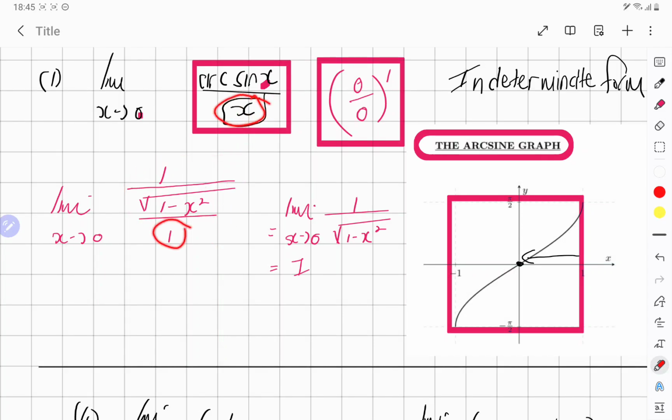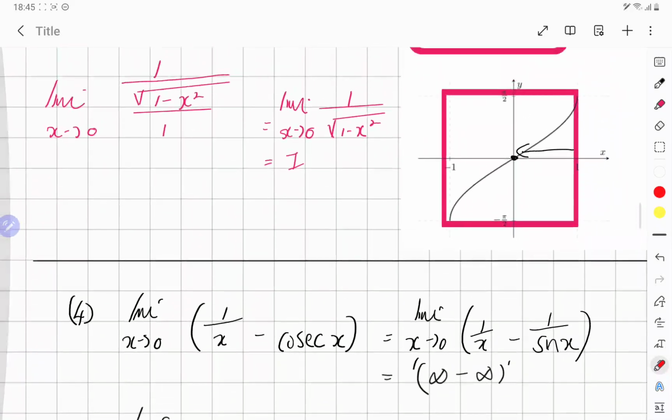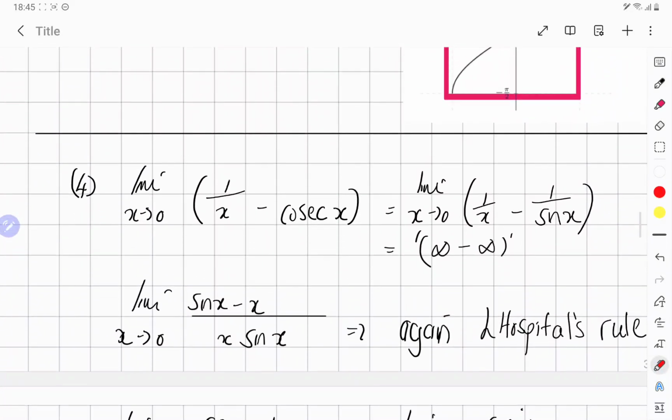The derivative of x is 1. Remember what I said students get wrong. Often they forget to simplify before they attempt the limit again. So I simplify, and as x approaches 0, my answer is 1. So that is quite a simple one.